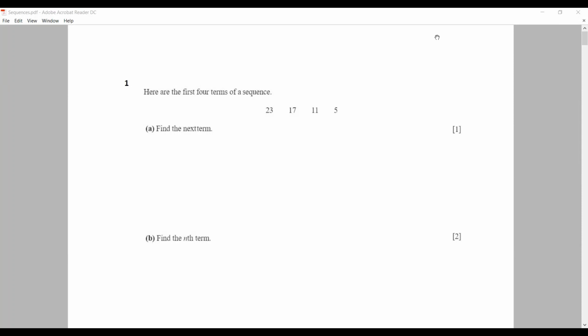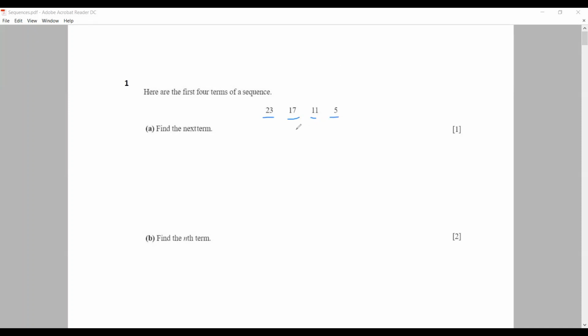Question number 1. I challenge you to pause each time you see a new question so that you can evaluate yourself and put your knowledge to the test. These are the first 4 terms of a sequence, and they ask us to find the next term. Let's see if we can find any pattern.